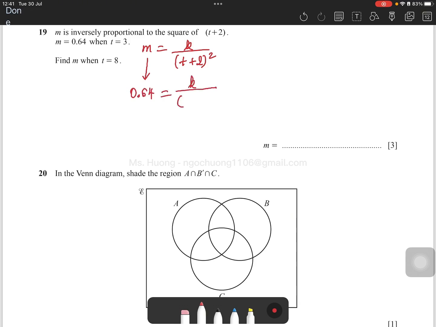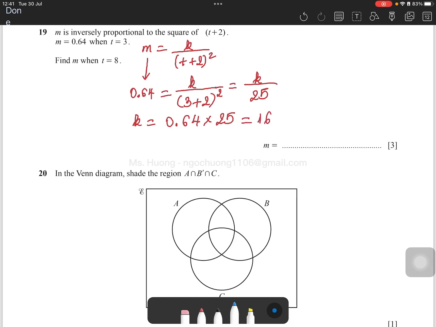So I'll substitute t equals 3. 3 plus 2 is 5. 5 squared is 25. So this is k over 25. And to find the value of k, we multiply both sides by 25. So k is equal to 16.